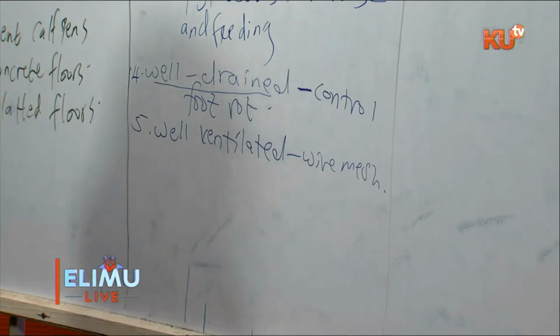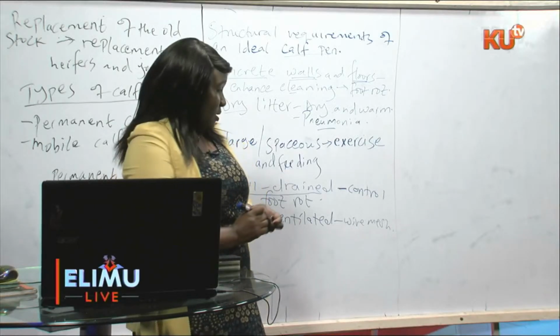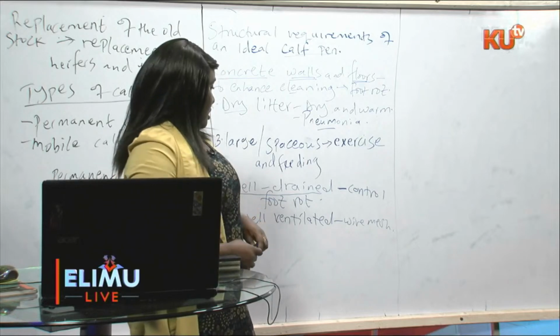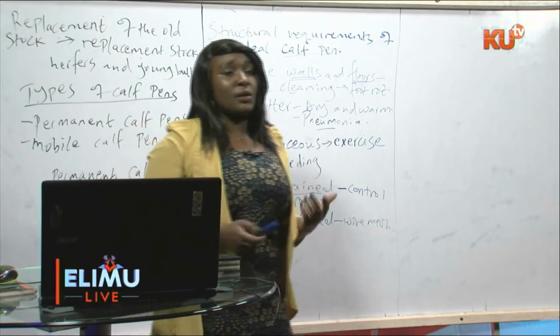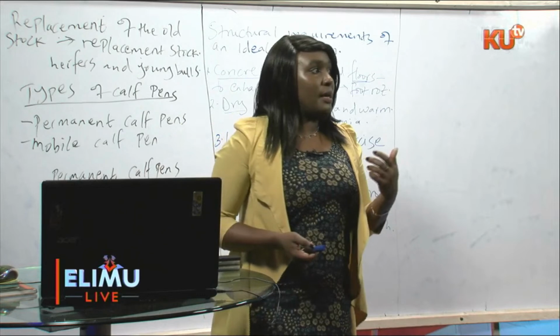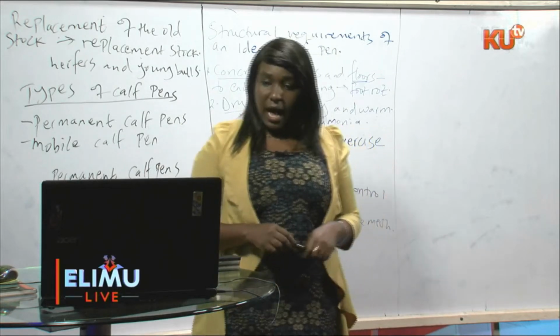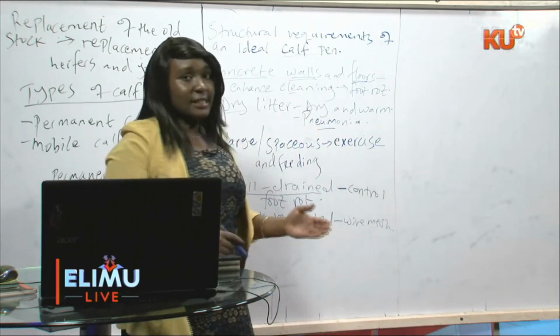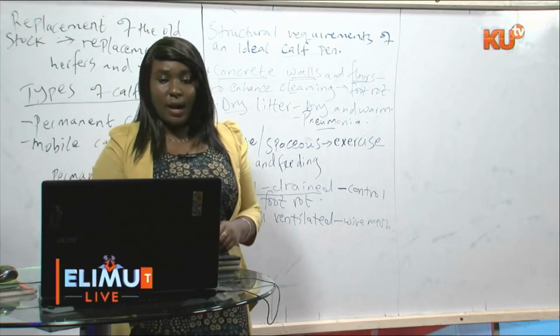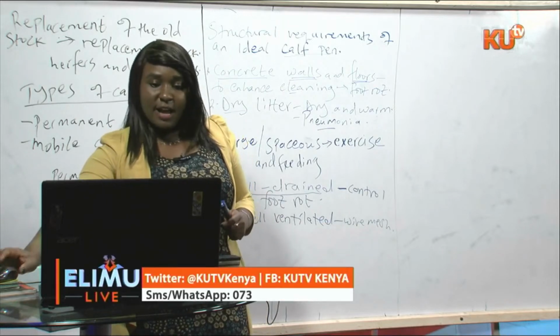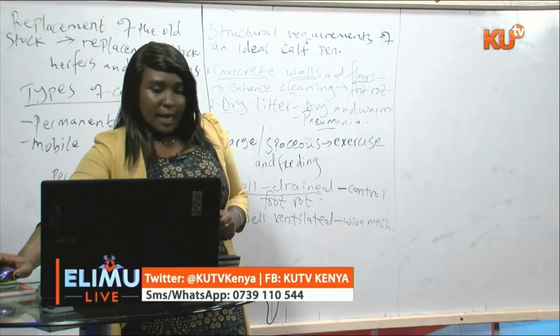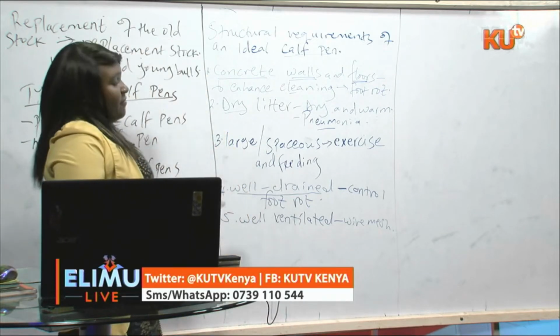The ventilation boosts the immunity of the animals because there is free circulation of oxygen into the body of the calves. So a well-ventilated calf pen is an ideal one for the growth and rearing of these animals. So we are at point number 5.